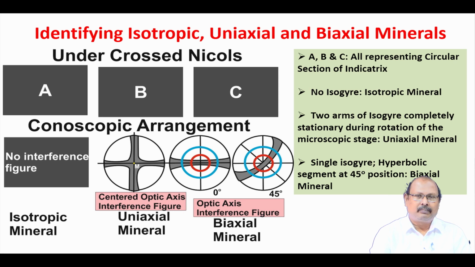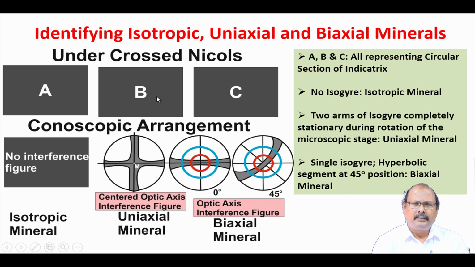Very often I ask my students how it will be possible for you to distinguish between an isotropic, uniaxial and biaxial mineral. So, let us consider that under crossed Nicols there are 3 minerals A, B and C. All these minerals are dark, that means they are all in extinction positions.